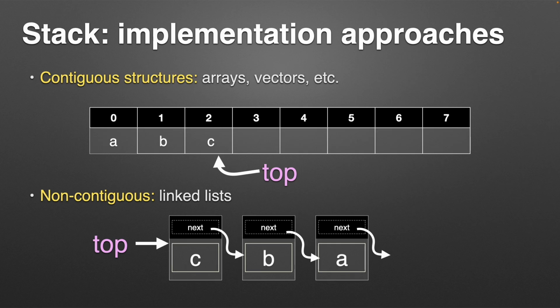We don't need doubly linked, we just need singly linked. In this case, I'm storing it with a pointer to the next and a pointer to the top element. Then when you pop this element off, you just change top to point to this element, and you can continue to do that as you go.